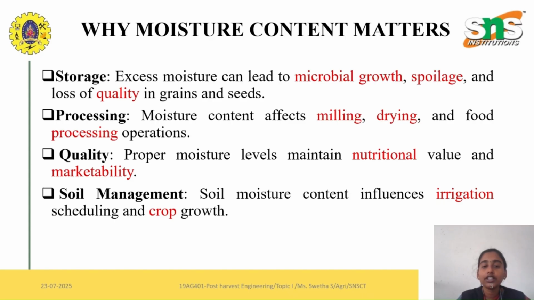In processing, moisture content affects milling, drying, and food processing operations like canning, curing, grading, sorting, etc. In quality, it maintains nutritional value and marketability, because we are paying money for products and we have to get our nutrition and quality. For that, moisture content is very important. And in soil management, soil moisture content influences irrigation scheduling and crop growth.